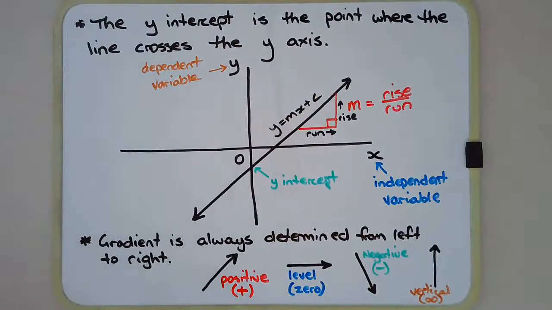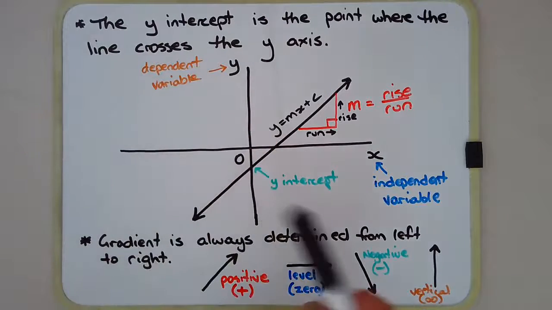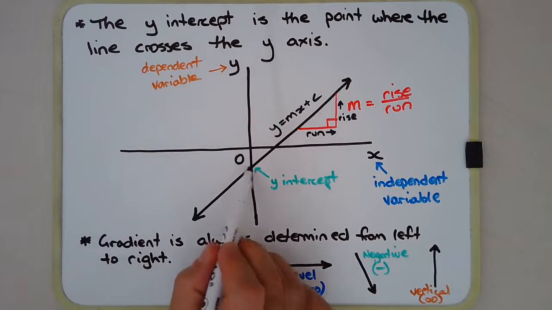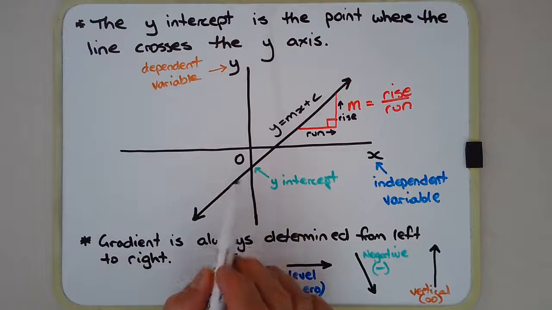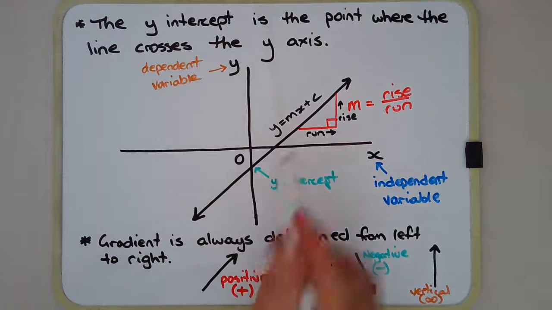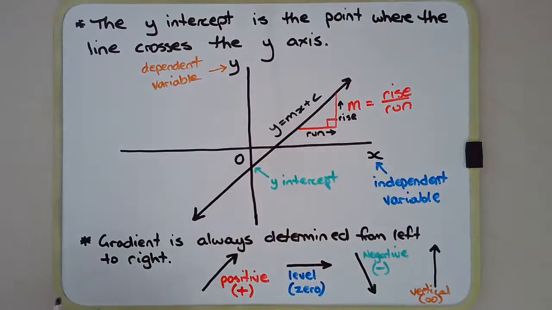Now we don't know what m and c are. I'm just drawing a random straight line there. There's the y-intercept. This is what we mean by an intercept. Intercept means a crossover. So this line crosses over the y-axis, and that's the y-intercept there.